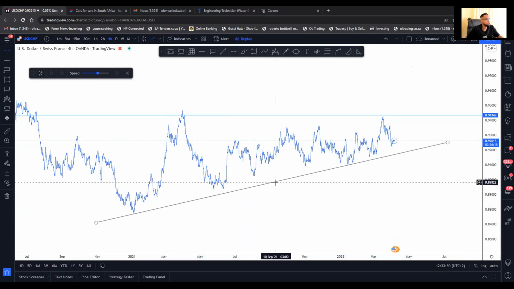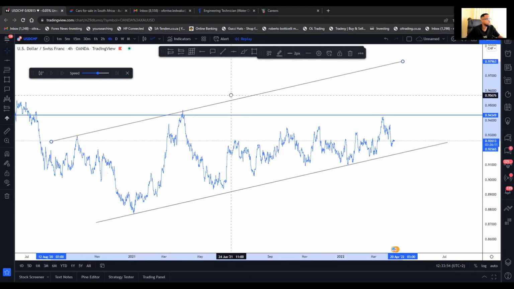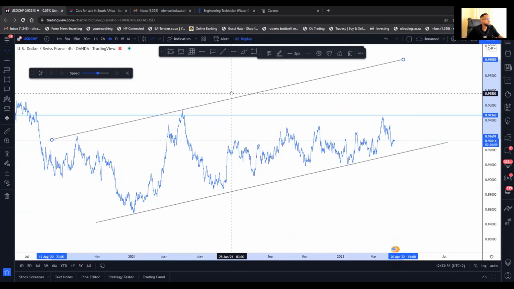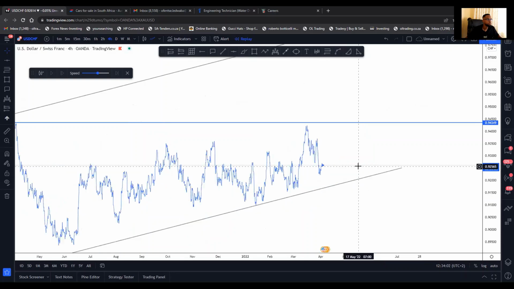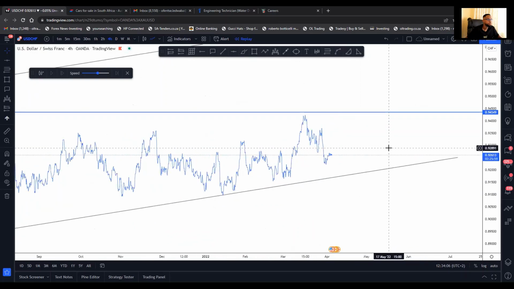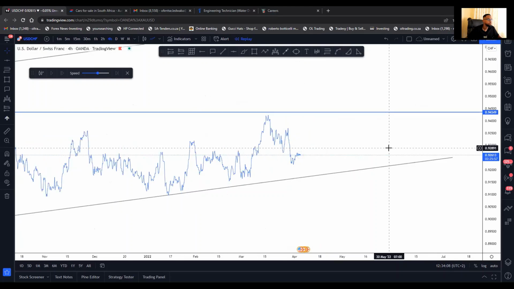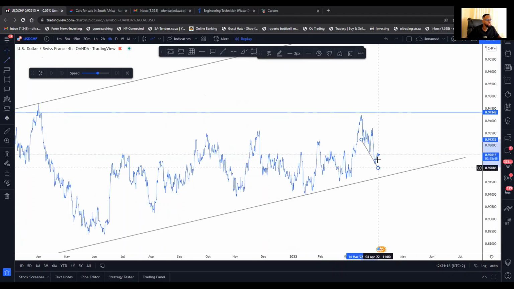So let's do this. Now it is identical. Okay, just use the highest point. And then now I can see we have our internal, which is this one.